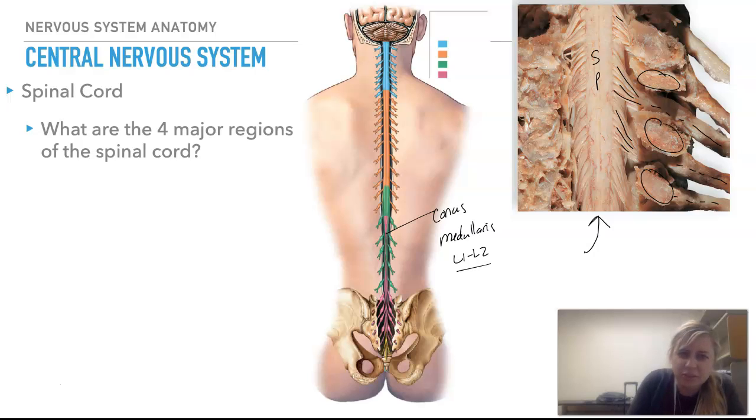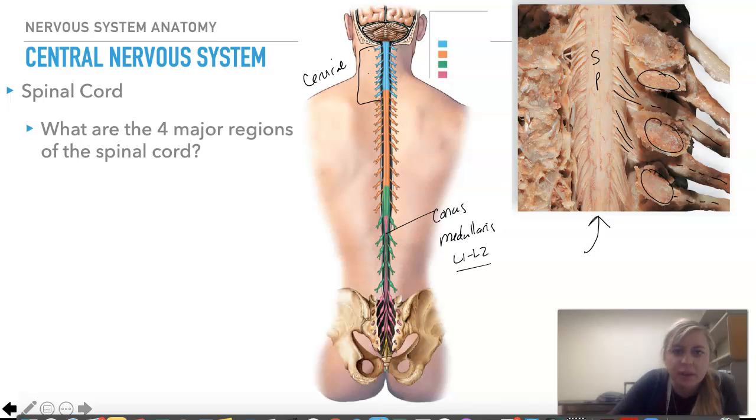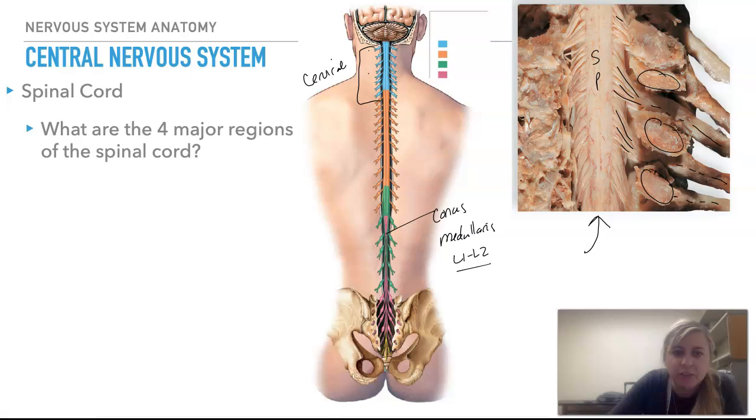Each of the regions of the spinal cord is color coded here, but up at the top we have the cervical region in blue. And so C1 through C8 nerves, so 1, 2, 3, 4, 5, 6, 7, 8 are the cervical nerves.